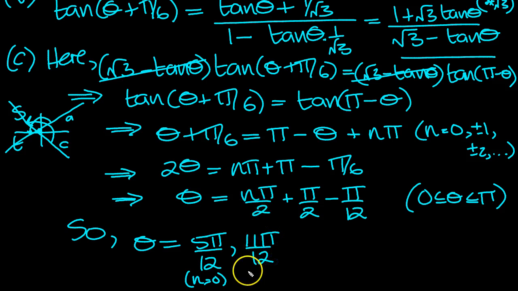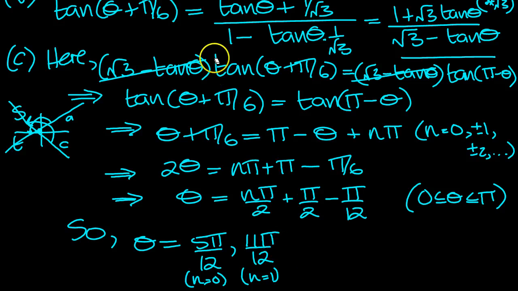But the next value, when n is 2, would be outside the range. So let's try n equals minus 1 then. Minus pi over 2 plus pi over 2 will cancel, and we'll get minus pi over 12, which is outside the range. So we don't need to include that value, do we? Because it's already outside the range.